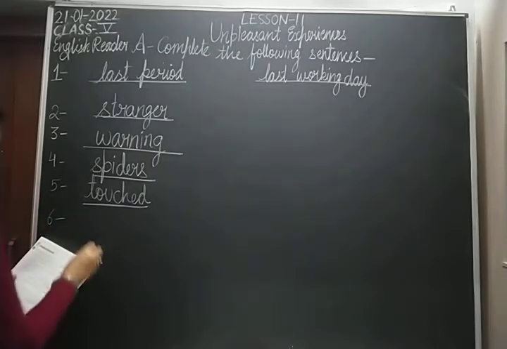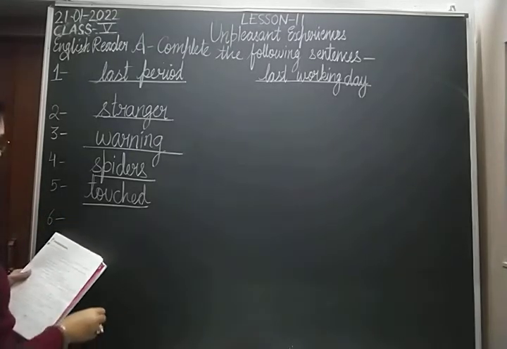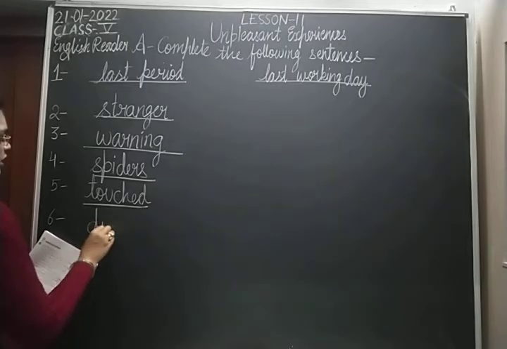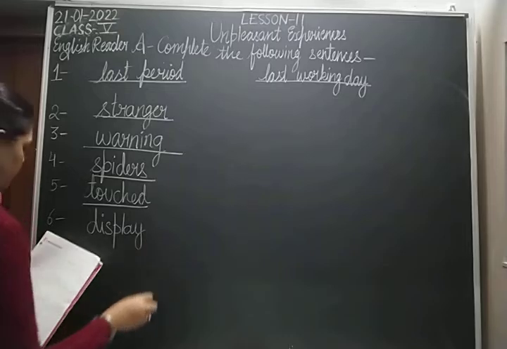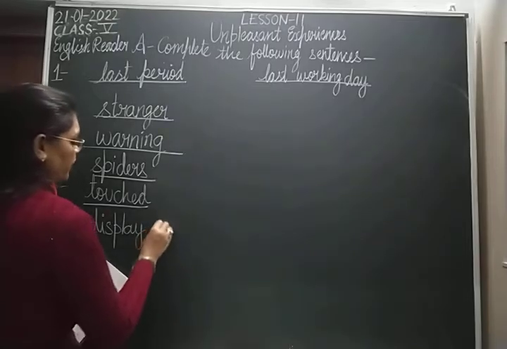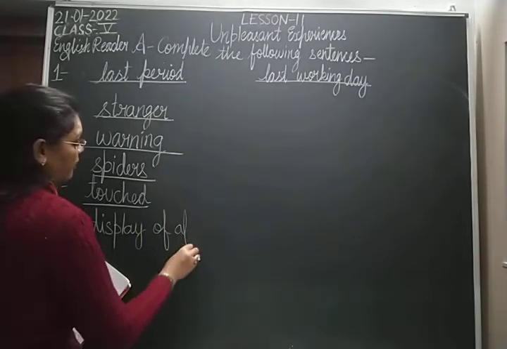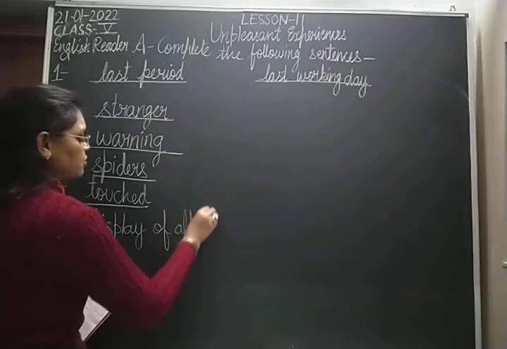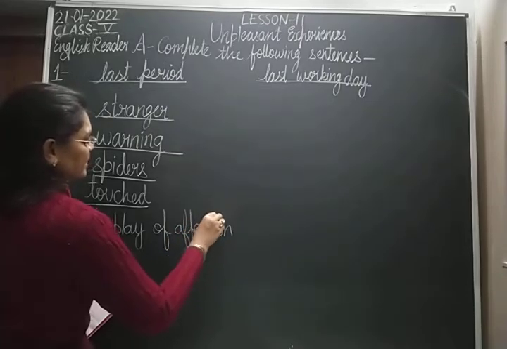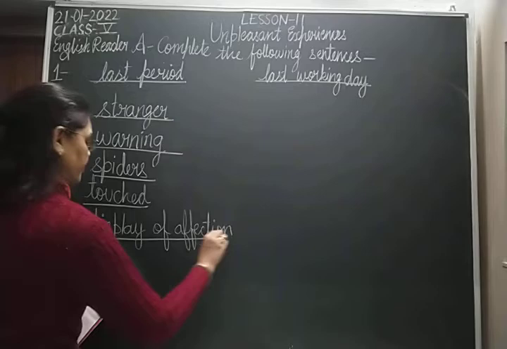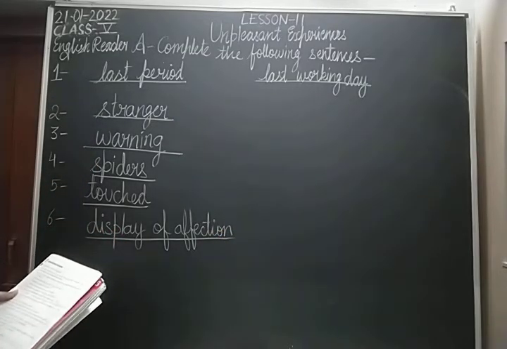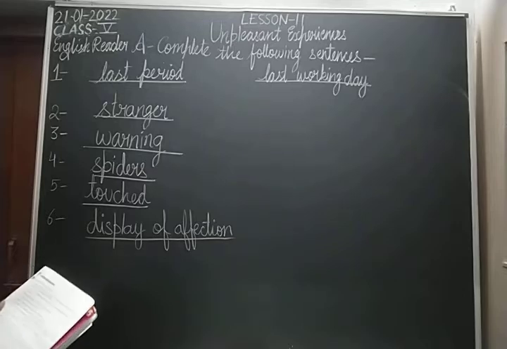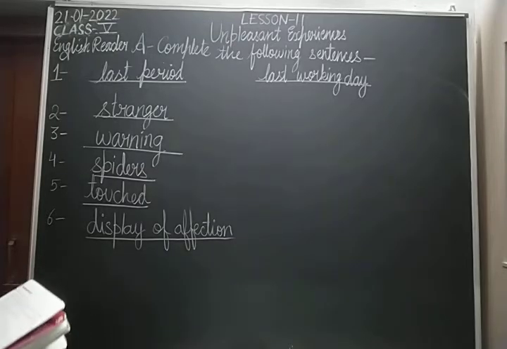Then the sixth one. Kissing and hugging are a display of affection. You also hug and kiss your younger brothers and sisters, and parents hug and kiss you. Why do you do it? Because you love them. So kissing and hugging are a display of affection. Okay, I hope all of you have written these 6 blanks.